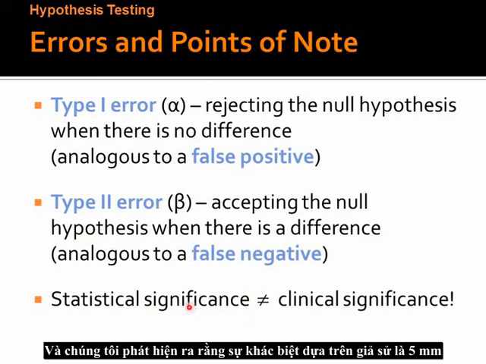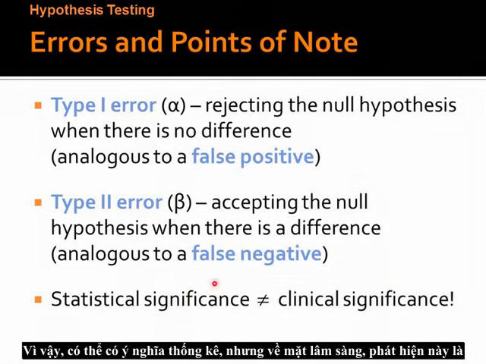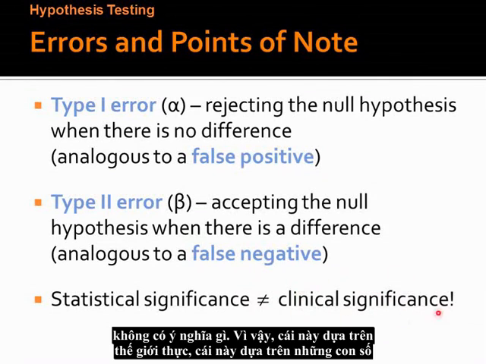And we found that the difference is, let's say, 5 millimeters of mercury. Now, 5 millimeters of mercury is peanuts. It's lost in the noise. So yes, there might be statistical significance, but clinically, this finding has no significance whatsoever.